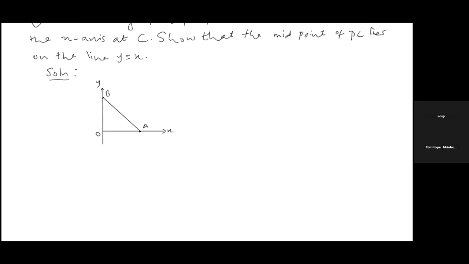So P can just be any point here. Let's just put it somewhere here. So suppose this is P with coordinate 3t, 2t.